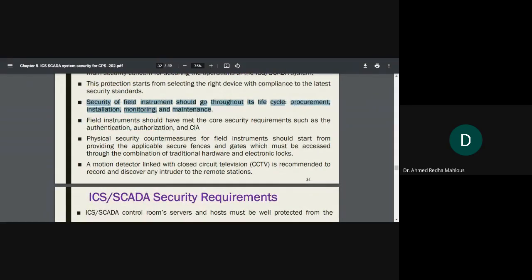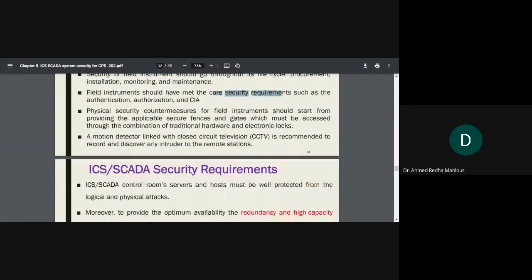Also, those field instruments should meet the core security requirements. For instance, at least you should have authentication, authorization, and CIA on them. These are the core security requirements that should be present in those field instruments. You should also provide physical security countermeasures to protect them, because those devices are put in the field, in an environment.